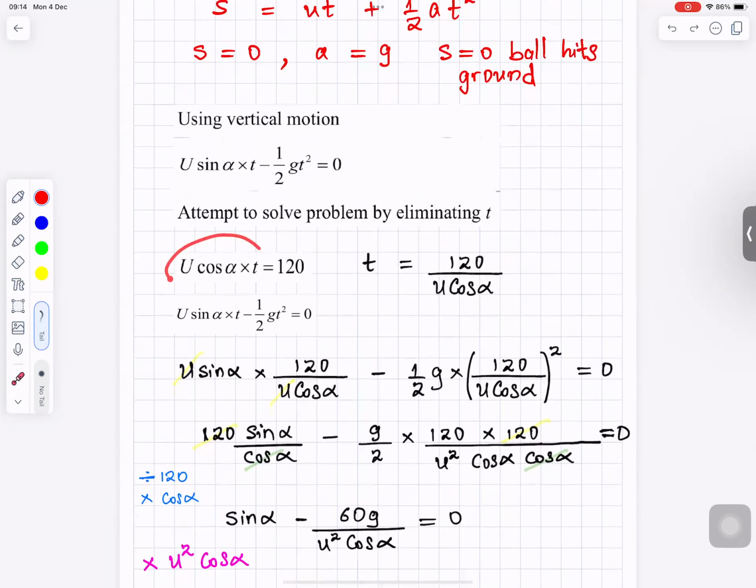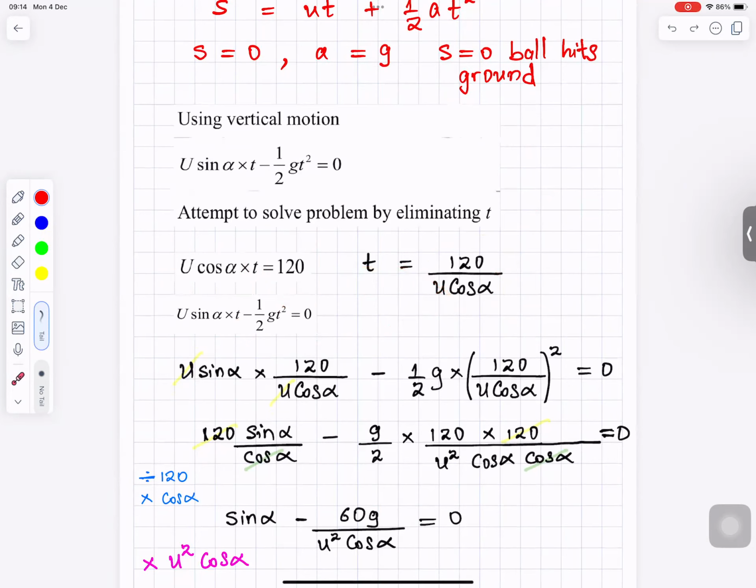Now we have u cos alpha times T is 120. We want to make T the subject, so T is 120 over u cos alpha. Now we take that and replace T in the other formula.